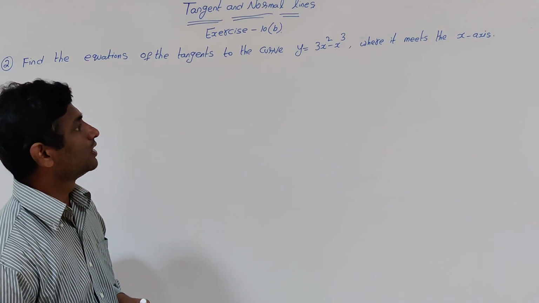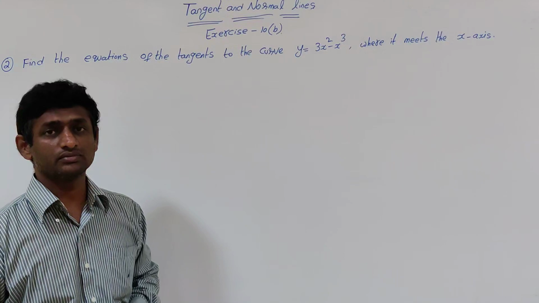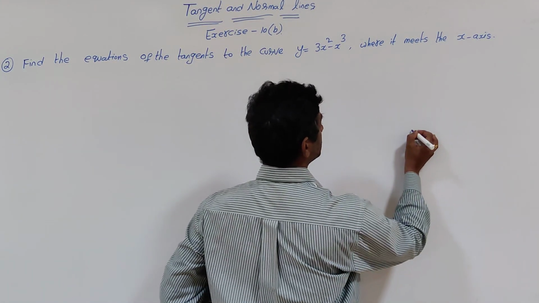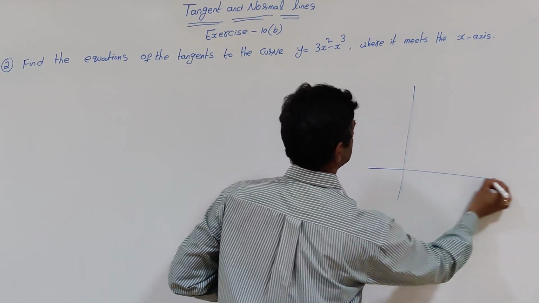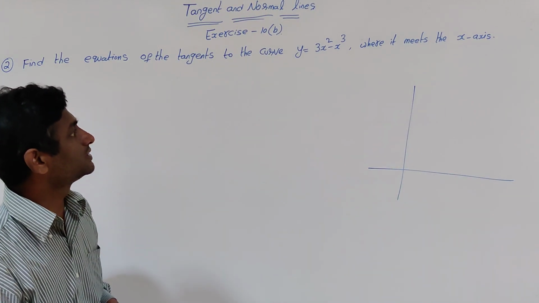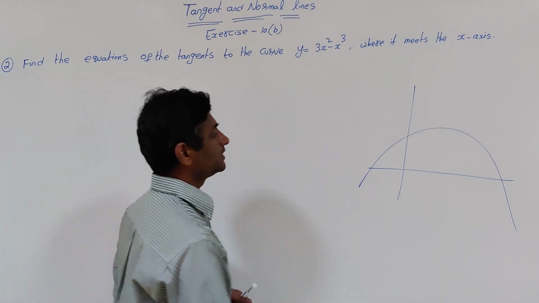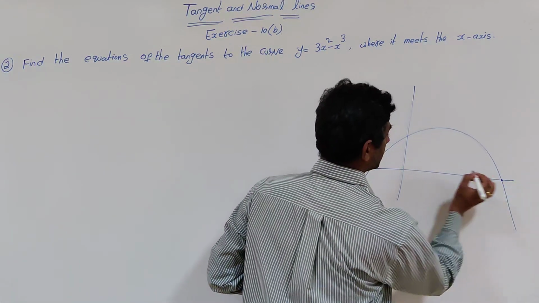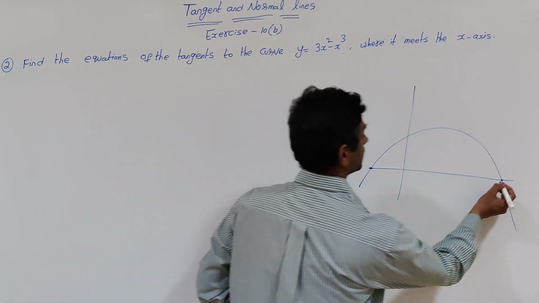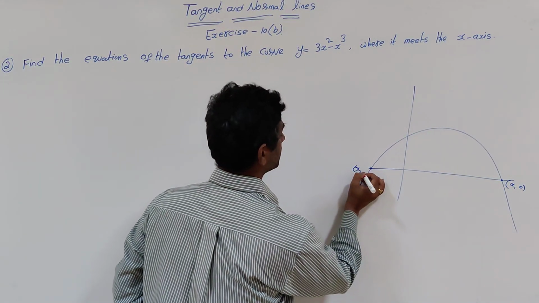So if it touches the x-axis, what should be the coordinate of y? Normally, assume some graph like y is equal to 3x square minus x cube, and it meets the x-axis at x1 comma 0 and x2 comma 0.